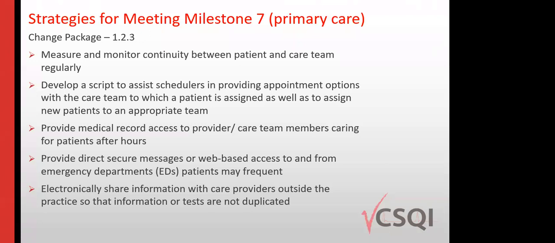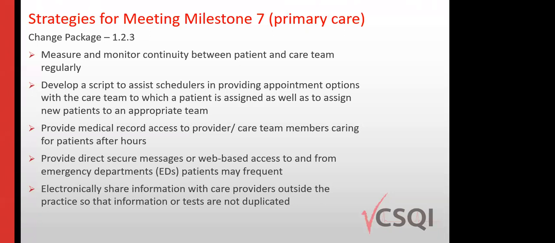But here again are several strategies that will help you improve continuity of care, keeping the patient with the same clinician or care team. Now, if you have 1 clinician in your practice, this is pretty easy to accomplish.